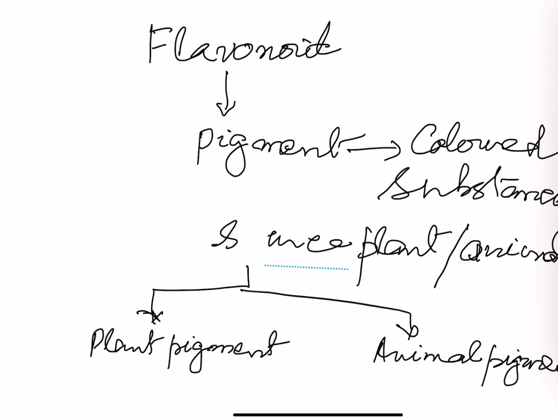The source is animal, or here is your living organism, the plant. Since we are dealing with the flavonoid, it is a plant pigment.